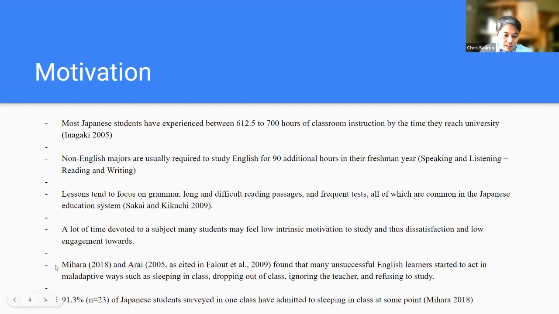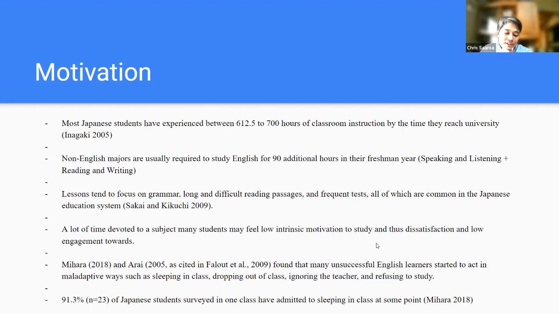Another article I found, from Mihara and also Arai, found that many English learners started to act in maladaptive ways, for example sleeping in class, dropping out of class, ignoring the teacher, or just refusing to study.